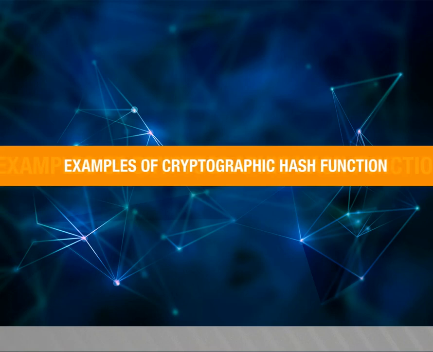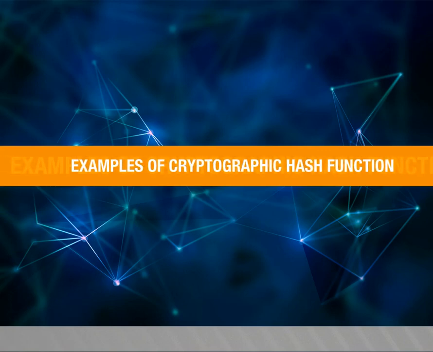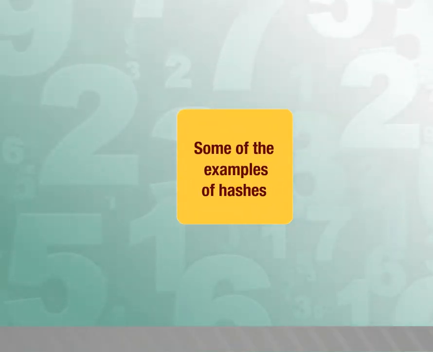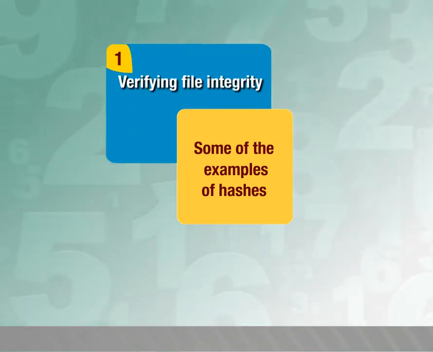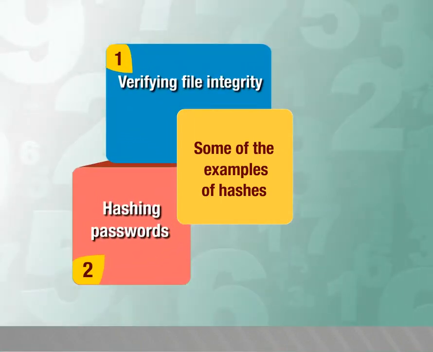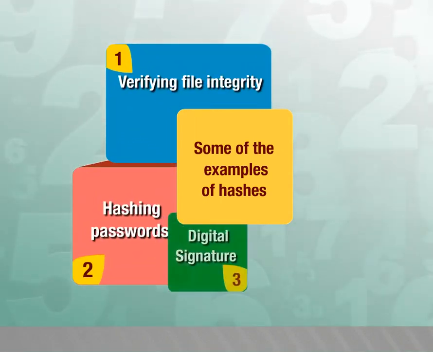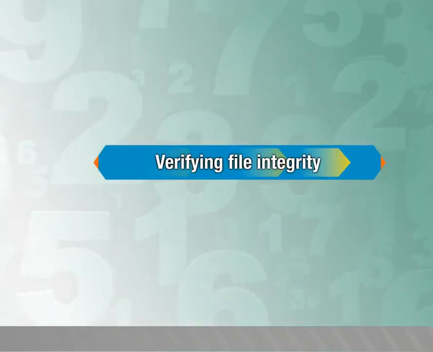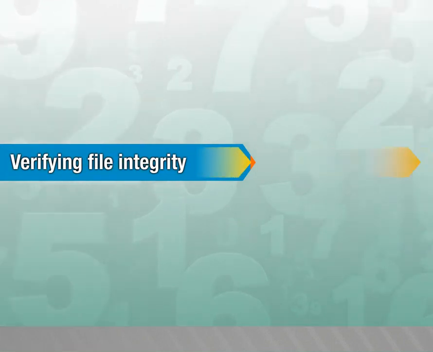Examples of cryptographic hash function. In this video, we are going to learn about examples of cryptographic hash function. Some of the examples of hashes are verifying file integrity, hashing passwords, and digital signature. Verifying file integrity.